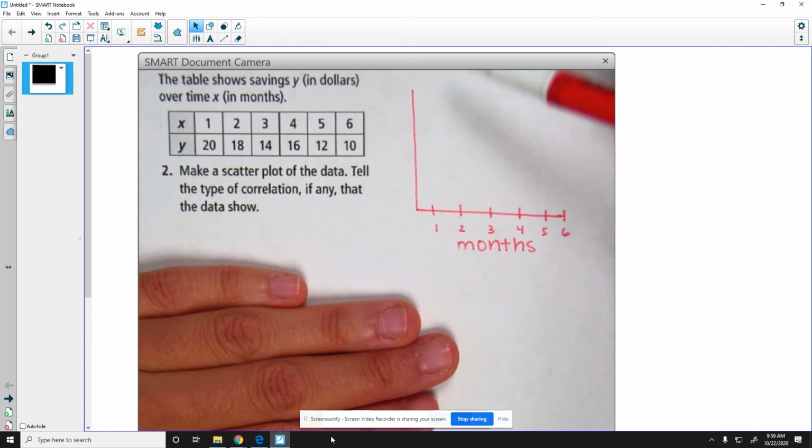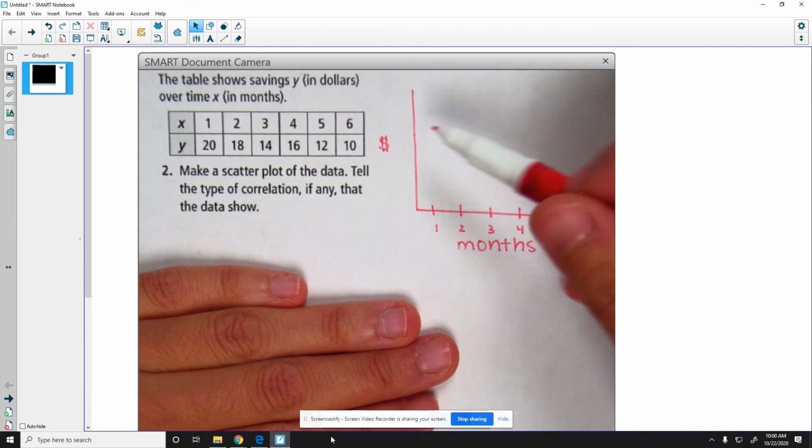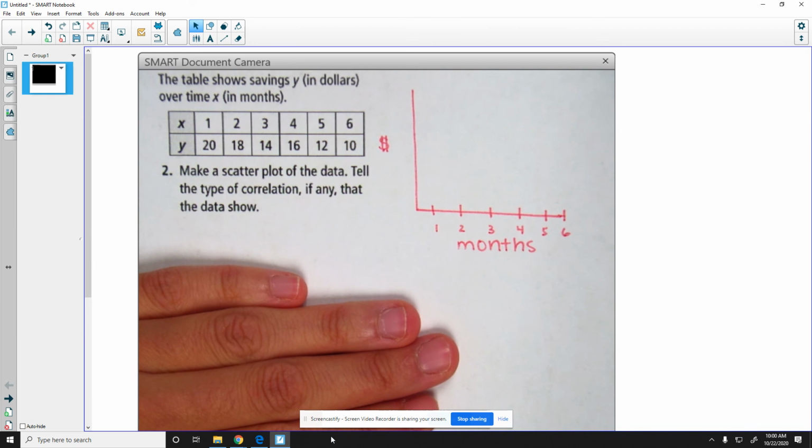Okay, my Y, what is my Y word? Savings, so dollars. And I have to go all the way up to 20. I start from 10. What do you guys think? What do you want to count by? 2s, sure. If you don't want to count by 2s, you can count by 5s, you can count by 3s, you can count by 4s.